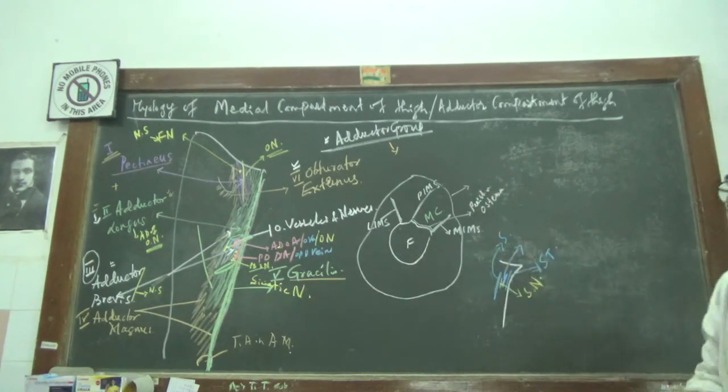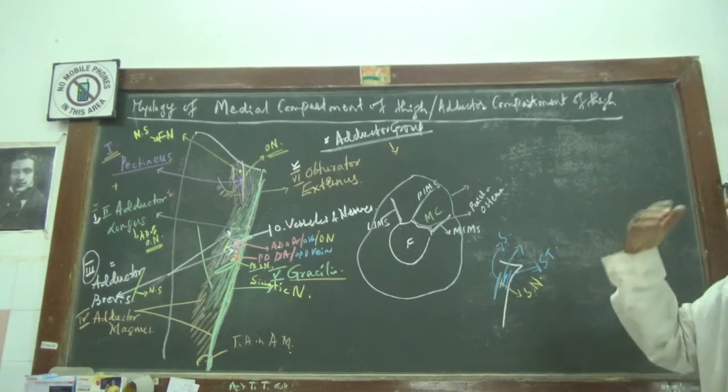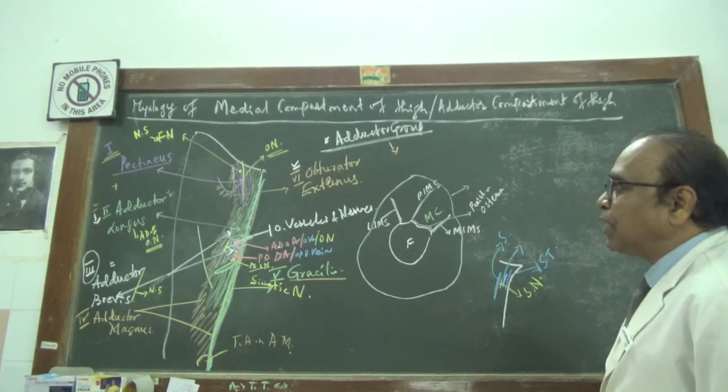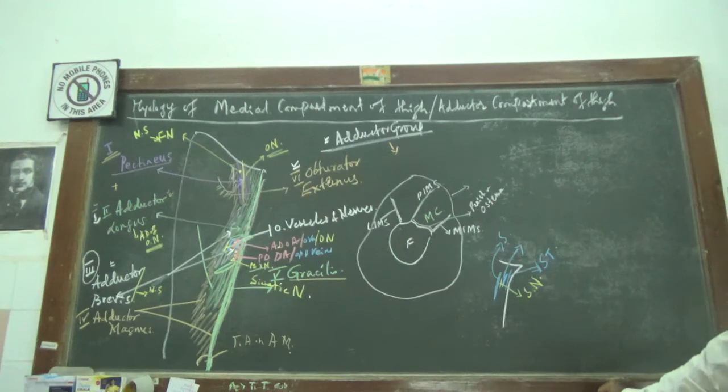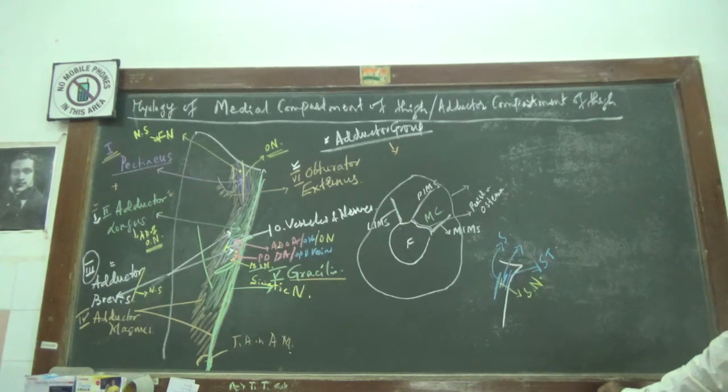Now coming to the relations of this obturator externus, in front it is related to the skin, superficial fascia, deep fascia, cutaneous nerves, cutaneous vessels, and the contents of the femoral triangle. Not only that, the contents of the femoral sheath, and the nerve to the pectineus. Then the great saphenous vein, cribriform fascia.